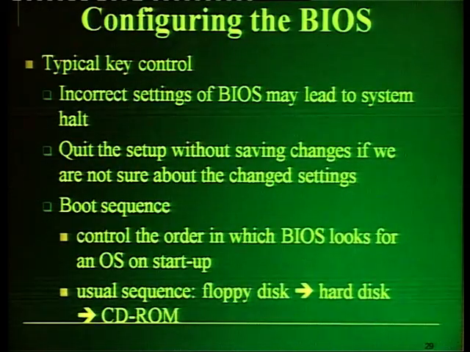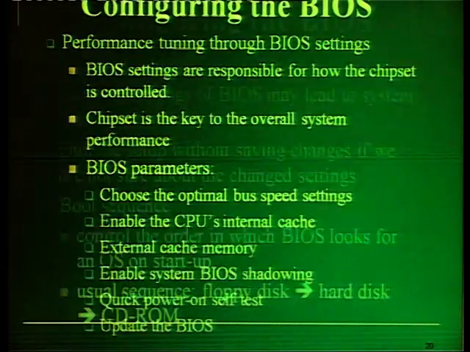The usual sequence is floppy disk, hard disk and then CD-ROM. You can change this sequence: if you want to install a new operating system, then the CD-ROM can be first in the sequence. If you have already installed your operating system, you can make the hard disk first in your sequence.